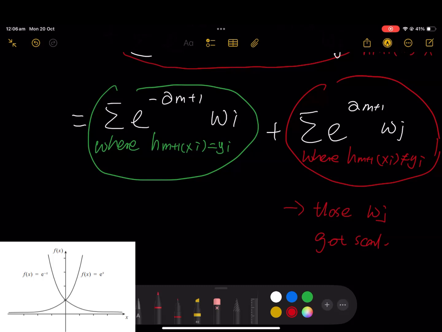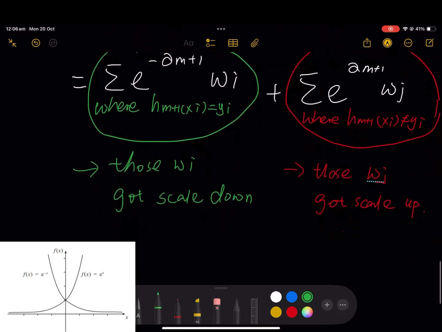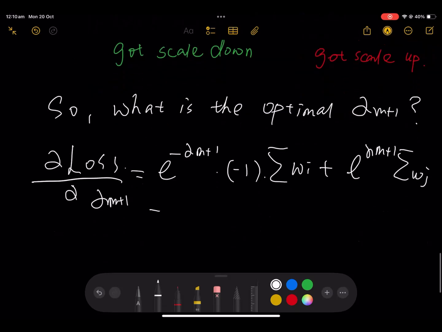On the opposite, if the model makes a mistake at this data point, the value of e to the power of alpha will be much larger than e to the power of minus alpha, because we know alpha will be a positive number, larger than 0.